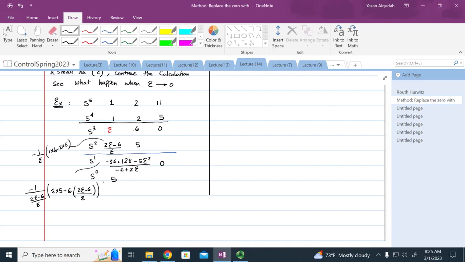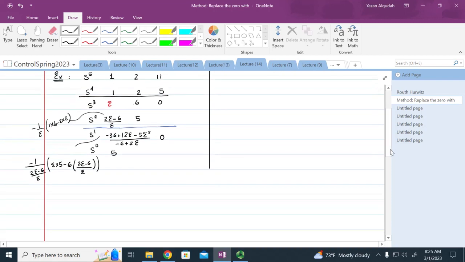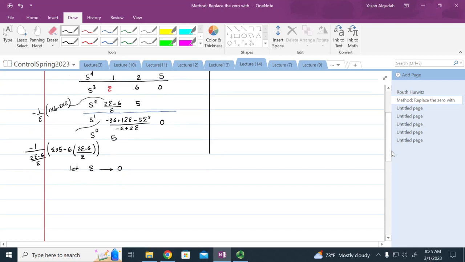Okay. So what we're going to do next is we're going to see what happens when epsilon goes to 0. When epsilon goes to 0, we're going to see when it approaches 0 from the right, and when it approaches 0 from the left.